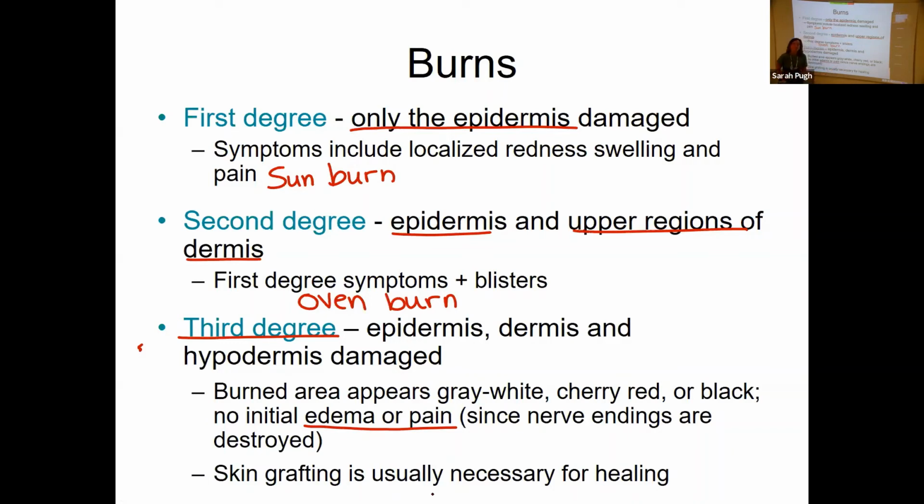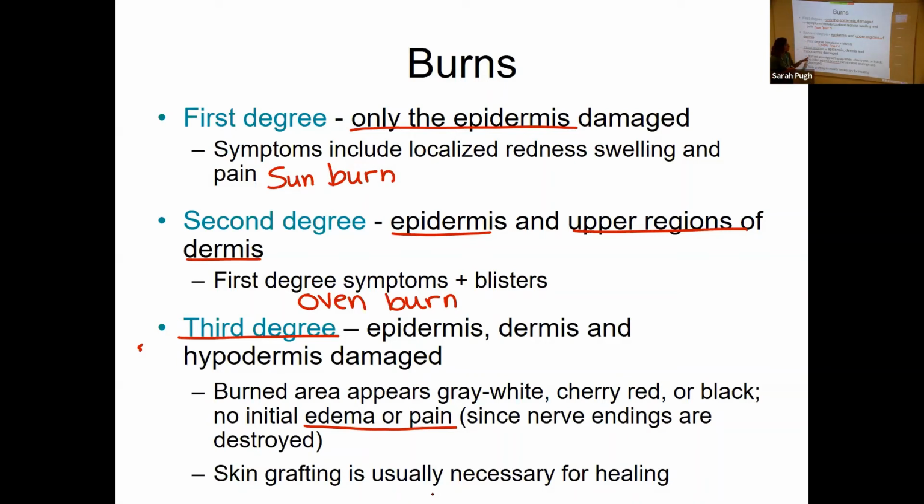There is no pain because you have damaged every nerve ending that's in your skin, so you don't feel anything. As your body tries to heal and as those nerves try to regenerate, you're going to feel it, and it's going to be very painful. A lot of times, skin grafting is necessary if the area is big enough, meaning they'll have to take skin from somewhere else on your body to help heal that area that's been damaged.